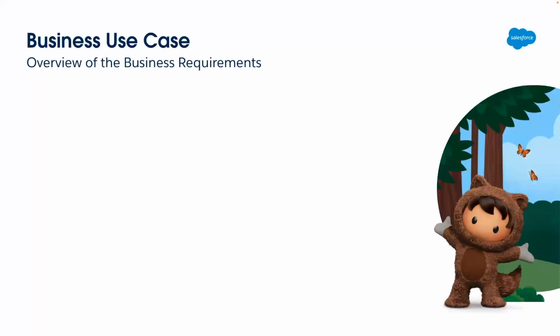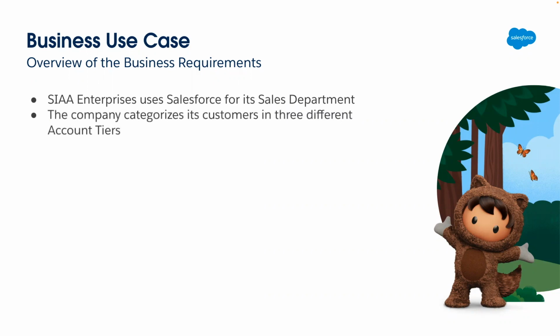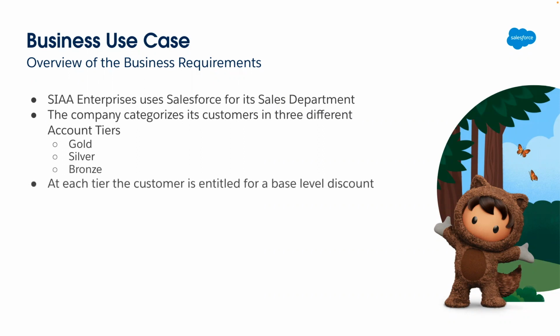Okay, let's first understand the business use case. We have a fictitious company called SIA Enterprises that uses Salesforce for its sales department. SIA Enterprises categorizes its customers in 3 different account tiers: gold, silver, and bronze. Now, at each account tier, the customer is entitled to a base level discount percentage.